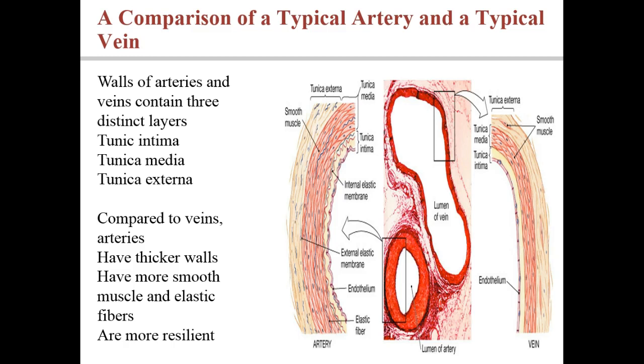It doesn't have much substance. By the time the blood gets to the vein, it is not under an extreme amount of pressure, so it doesn't need to withstand that pressure. The big difference between arteries and veins is veins have valves.